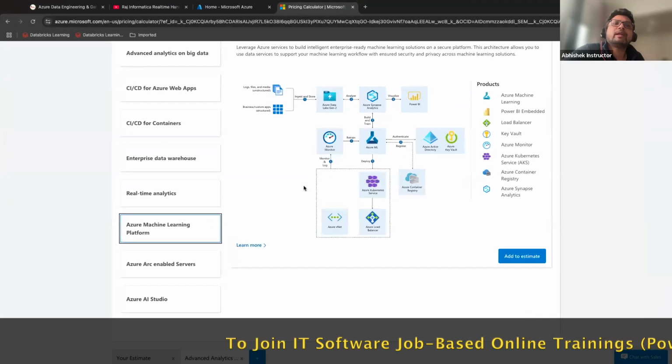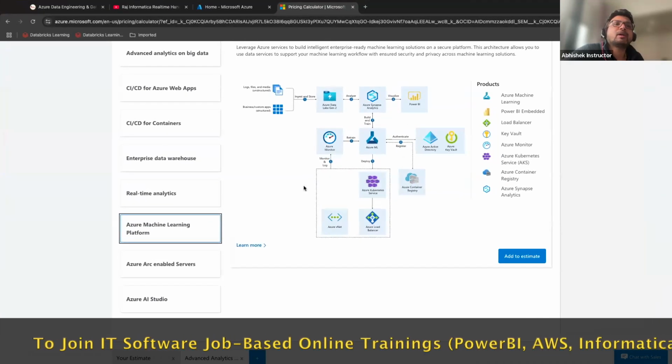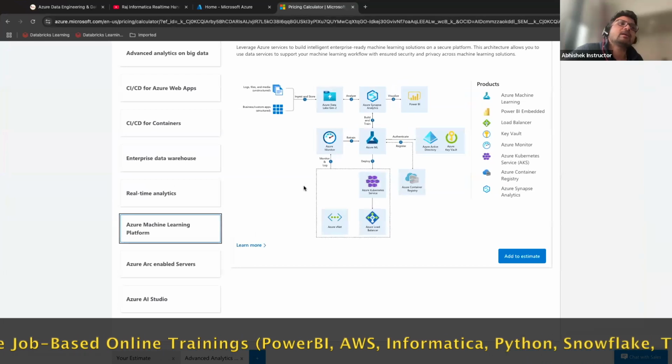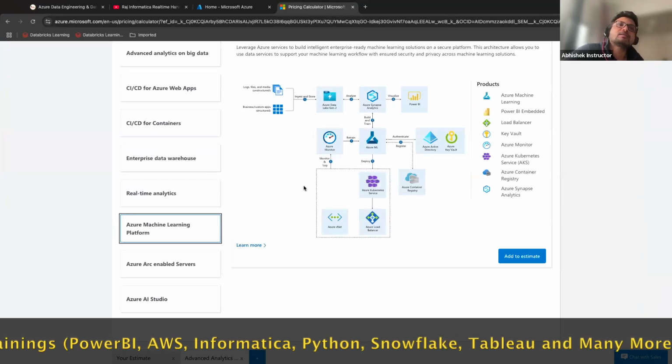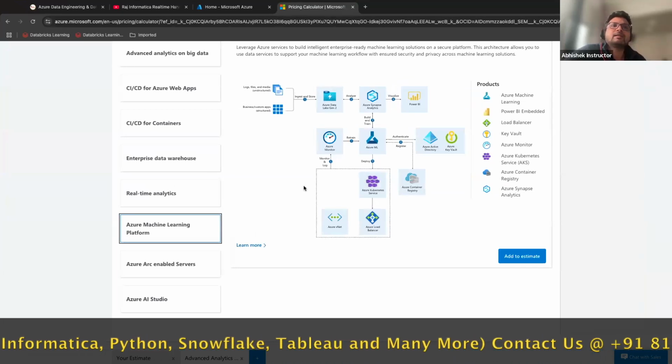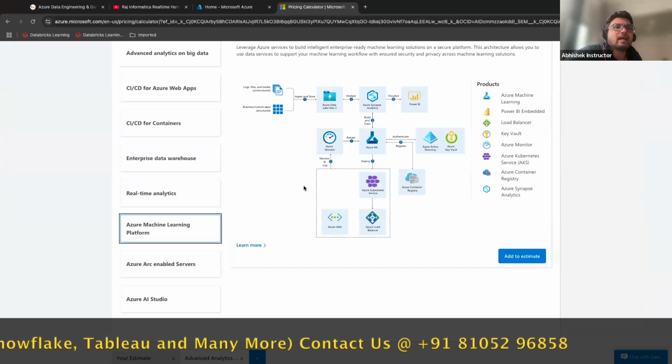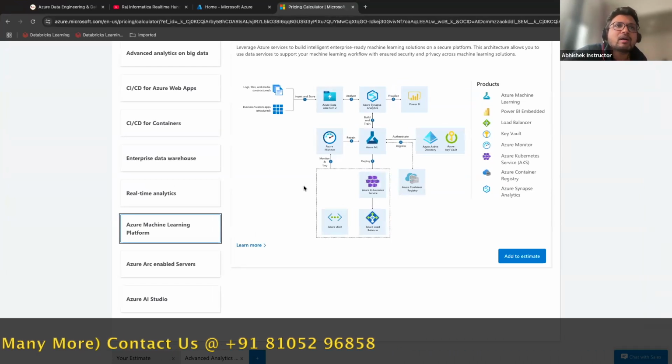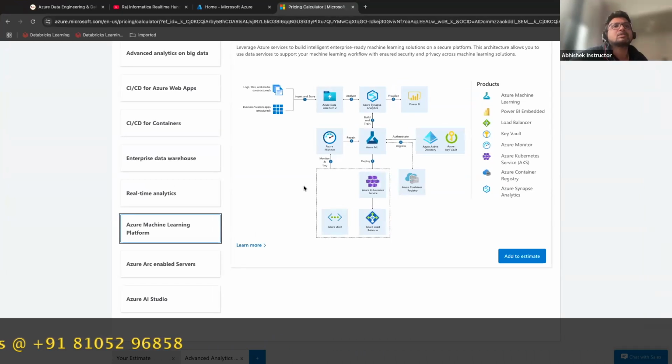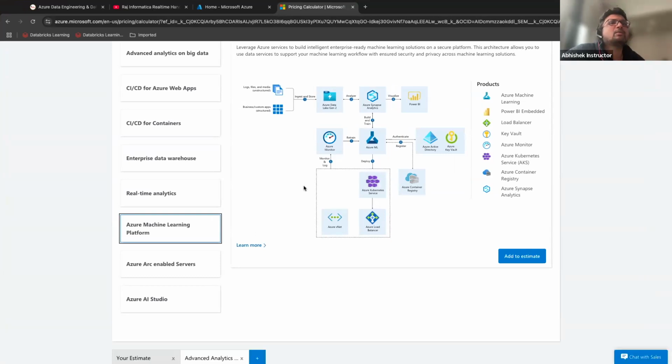Suppose you want to process data which is not in a structured format. You will read the data in Databricks, write Spark code, like PySpark code or Spark SQL code, and then you process the data, make it in the format which you want, and then you store the data.